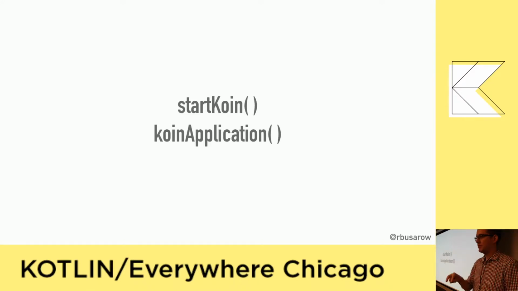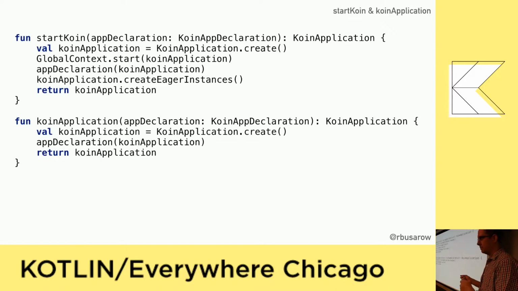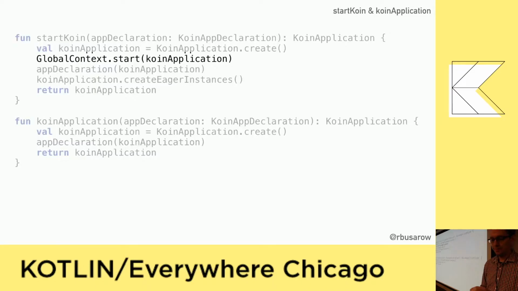So next, we have to talk about two factory functions which do pretty much the same thing. It's the start of the DSL for Koin. They're both responsible for creating the Koin application, but the start Koin version will also automatically set that Koin application to the global context. So we'll see how we use this in a minute.